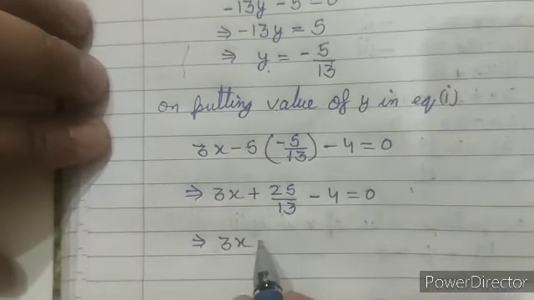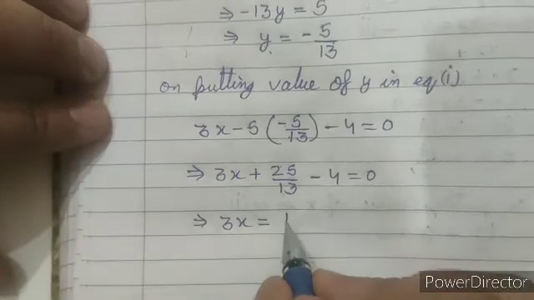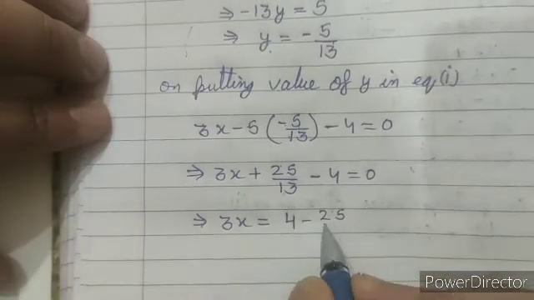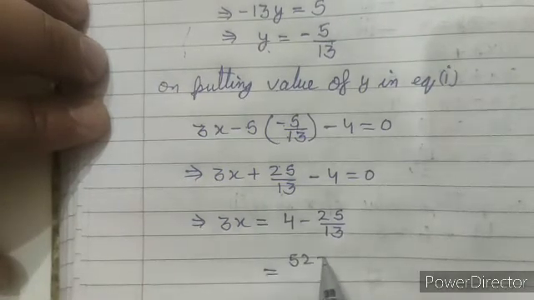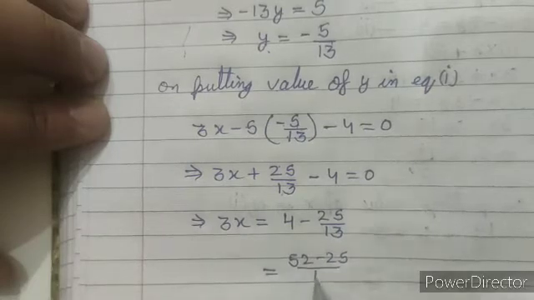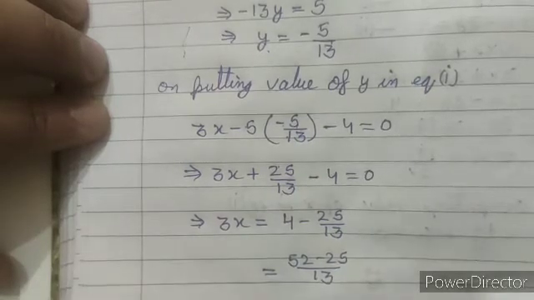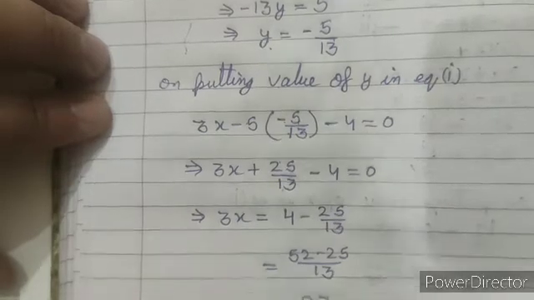Now 3x will be equal to 4 minus 25 by 13, and that will be 52 minus 25 by 13, and that will give us 27 by 13.